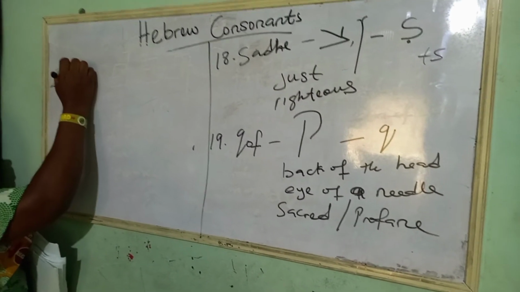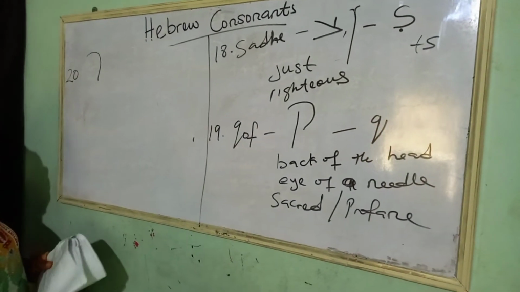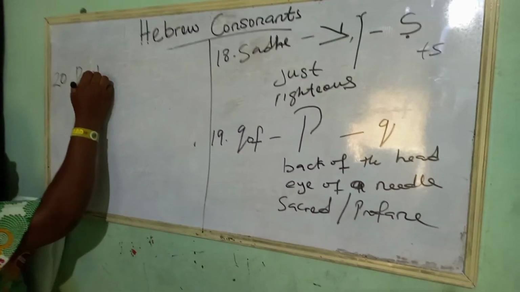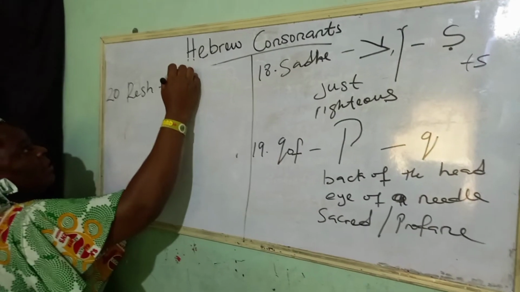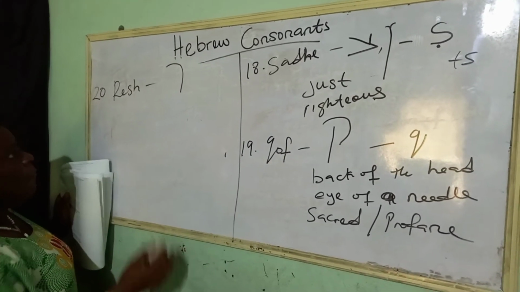Next one is Resh. It's written as an inverted R, written in Hebrew as an inverted small letter R in a bigger form.